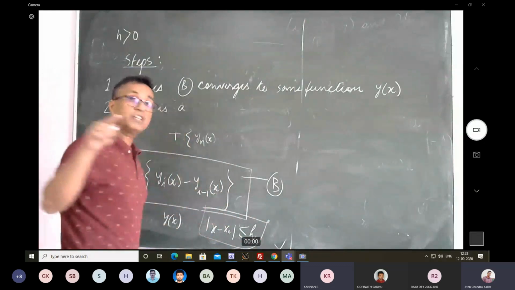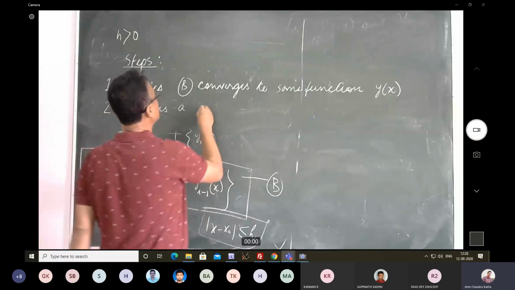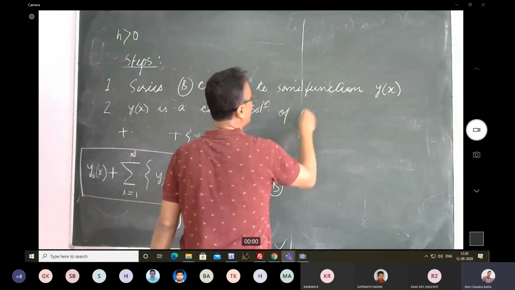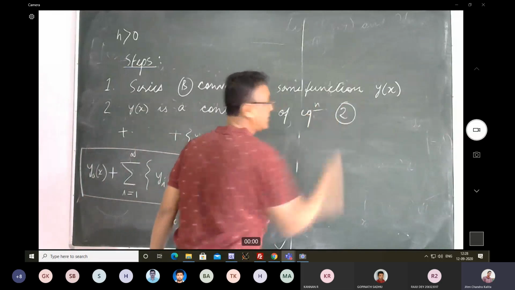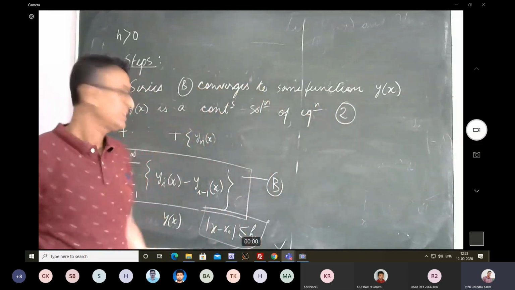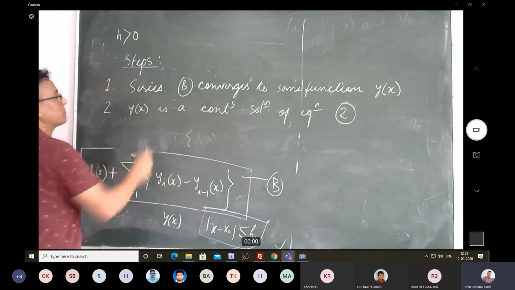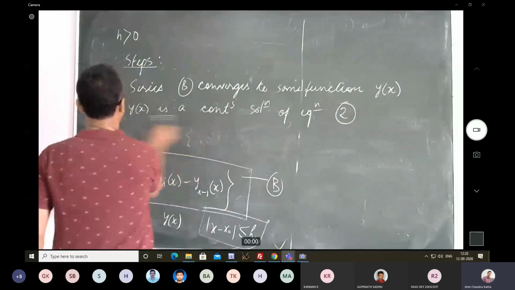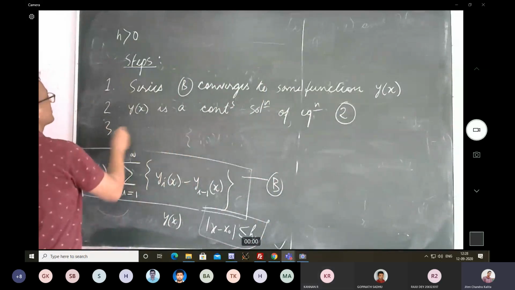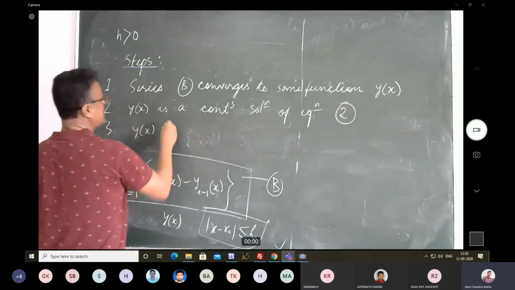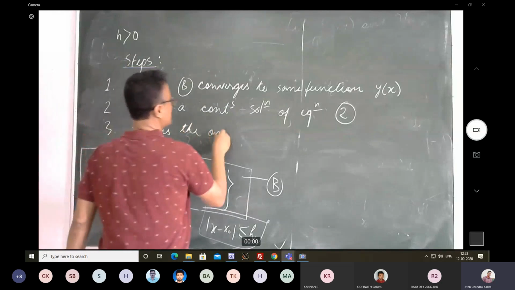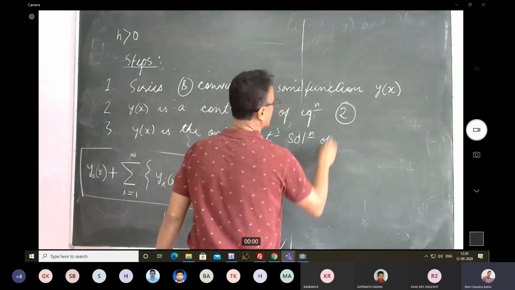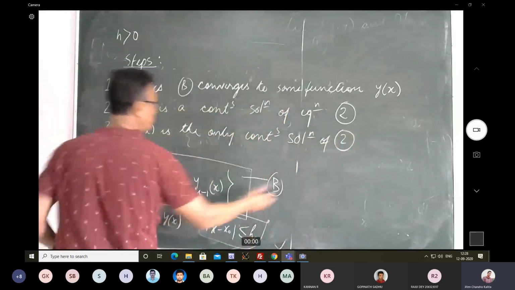Not only any solution, it has to be a continuous solution of equation 2. Then number 3, we have to prove that y(x) is the only continuous solution of 2. That's it.